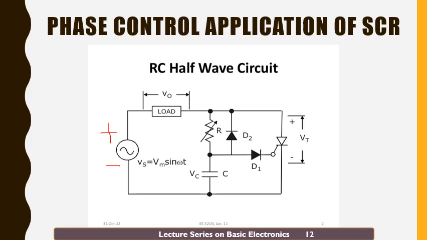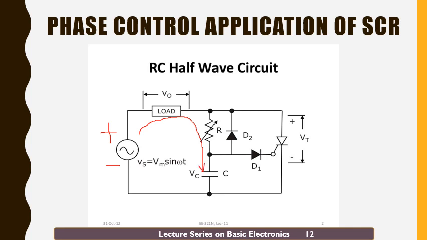Note that the gate terminal should have a small gate current, only then does the SCR turn on. Initially, D2 will not be turned on, nor will SCR T1. So the current flows through this and the capacitor goes on charging.